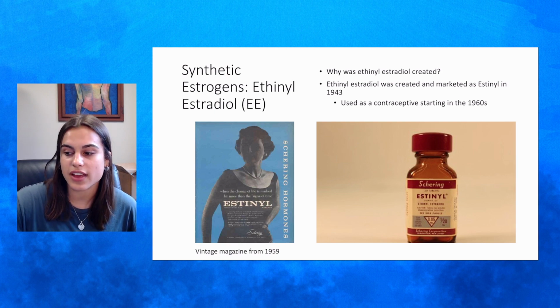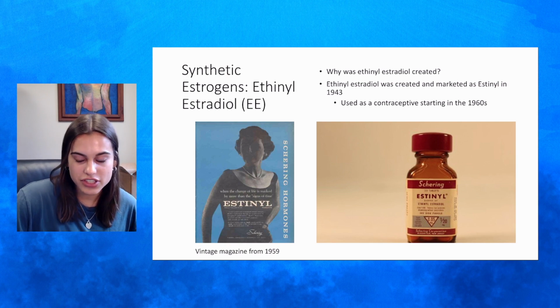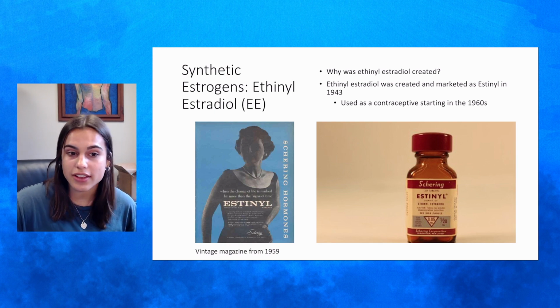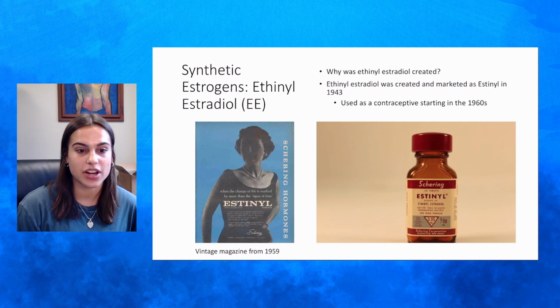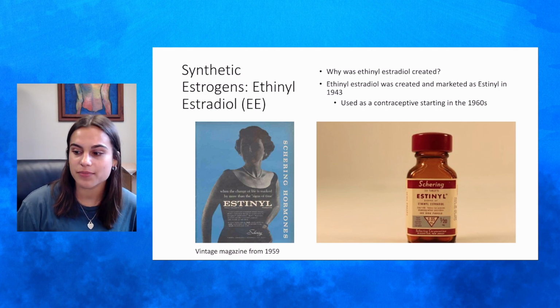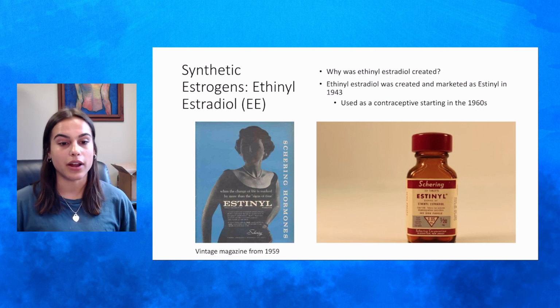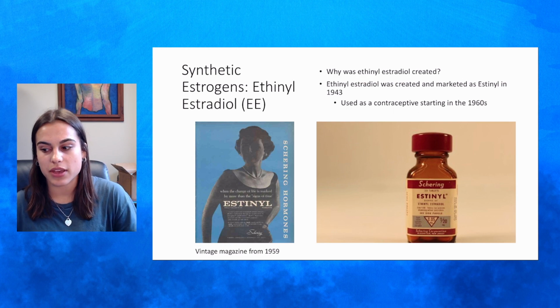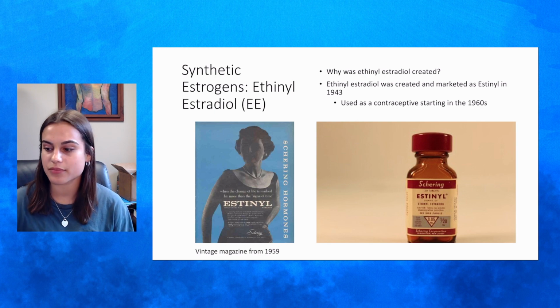The reason that EE was created: since estradiol was already one of the most potent estrogens that activates the estrogen receptor, the ER, the goal wasn't necessarily to create a drug that was better at binding to the ER. It was instead to create a drug that prevented the breakdown of estradiol.